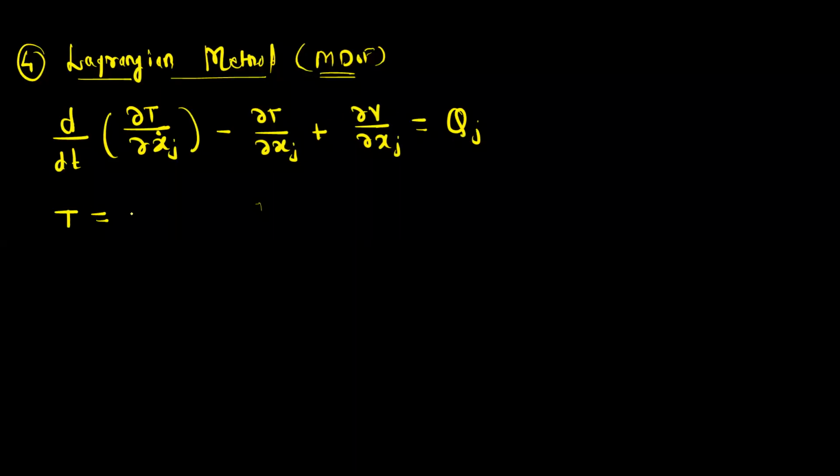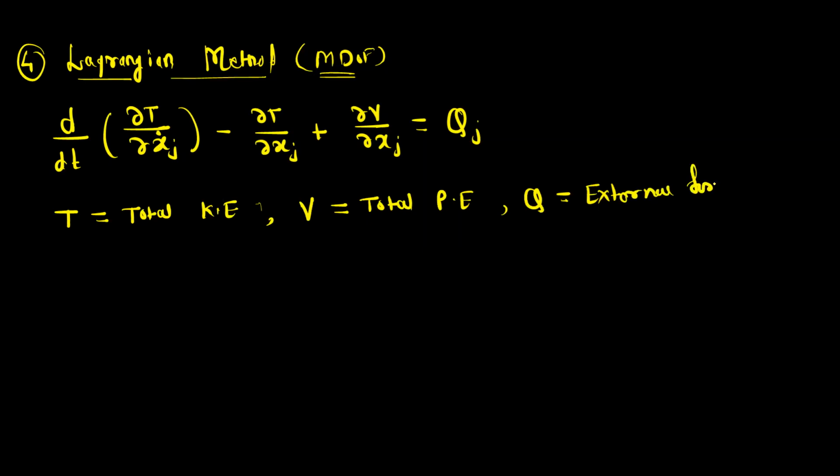T is the total kinetic energy of the system. V is the total potential energy. Q is the external force. If there is an external force present in that system, this is the external force or external torque.